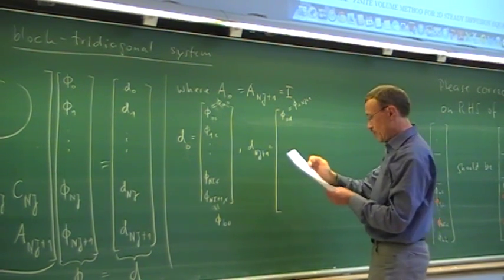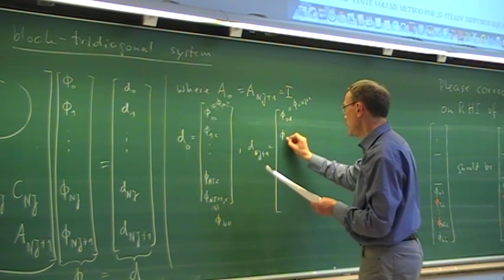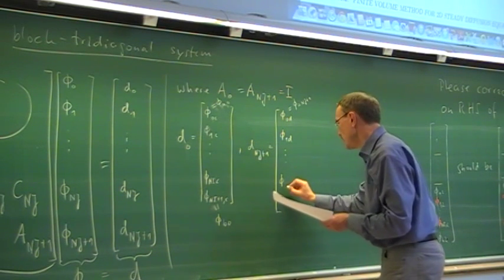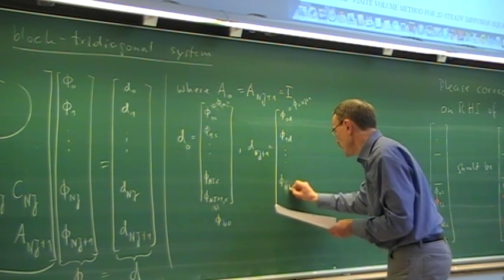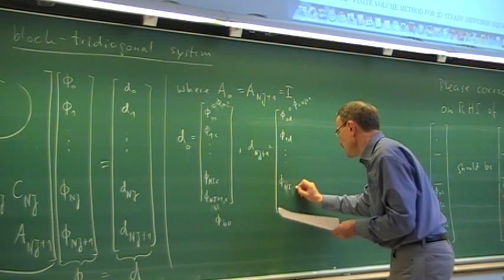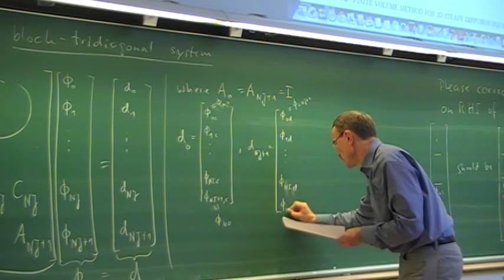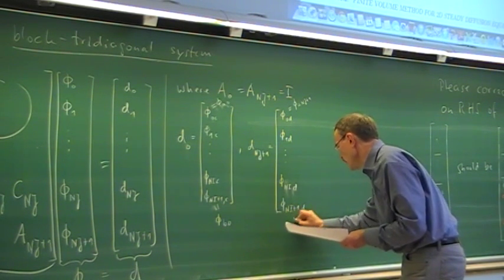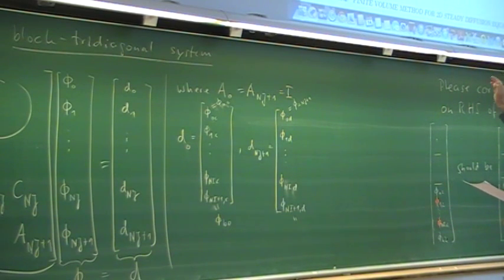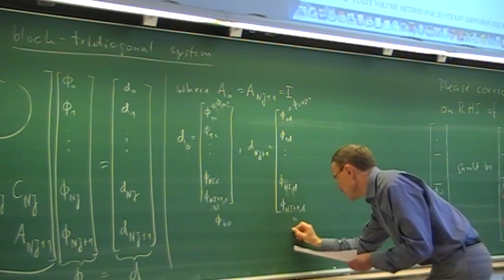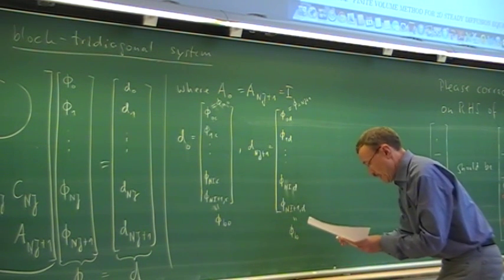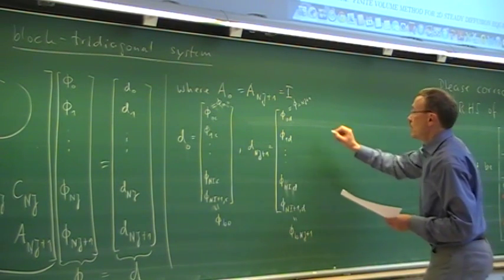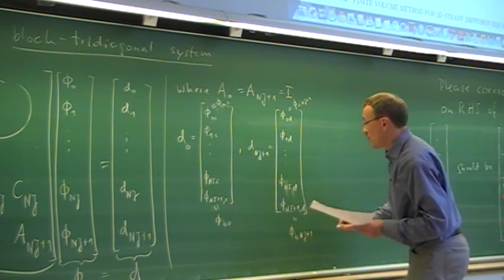And then we just continue the way down, phi 1d, and so on, to phi Nid, and the last one is then Ni plus 1d, and that is then in the upper right corner, and that should be the same then as the phi b at Nj plus 1. So these are then giving us the boundary conditions.